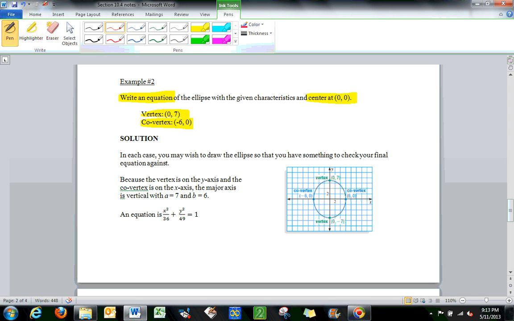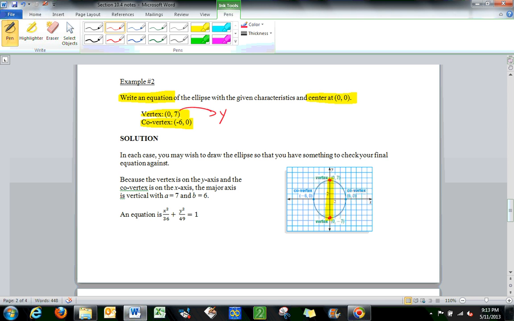Now you can recognize this, that the vertices should always be the bigger number, and so in this case, since the vertices is representing the y value of a point, that means that the a value or the major value should go underneath the y squared. And you can see by graphing this that this makes a major axis along the y-axis, and so we know that the vertices should go under the y squared part.